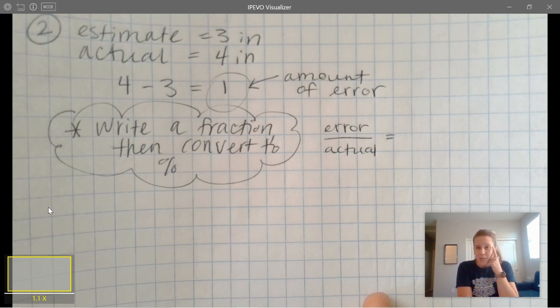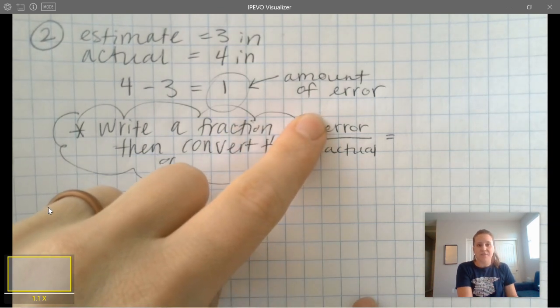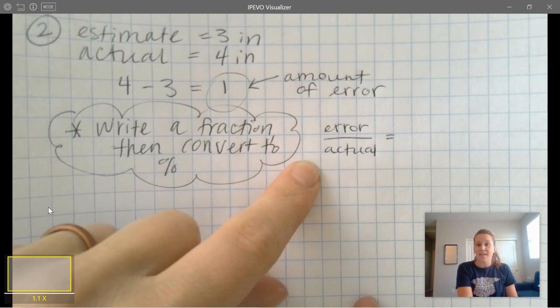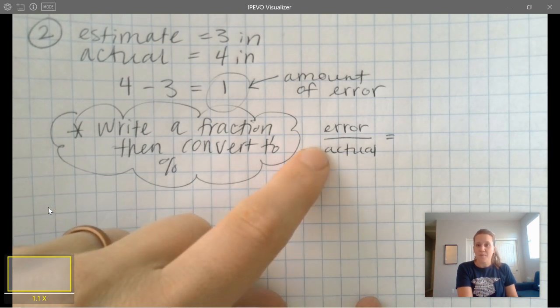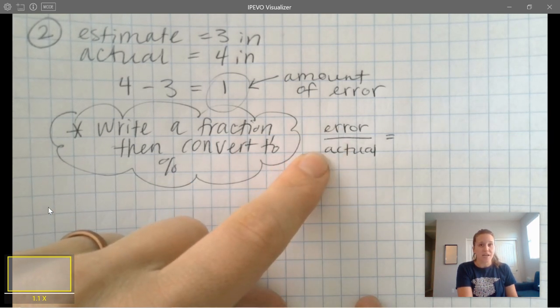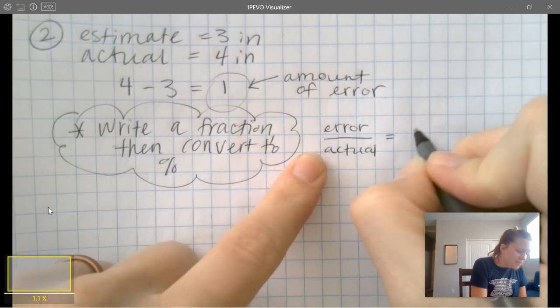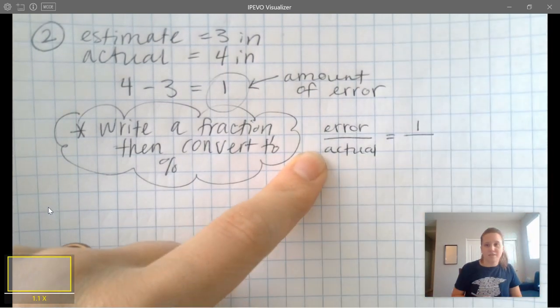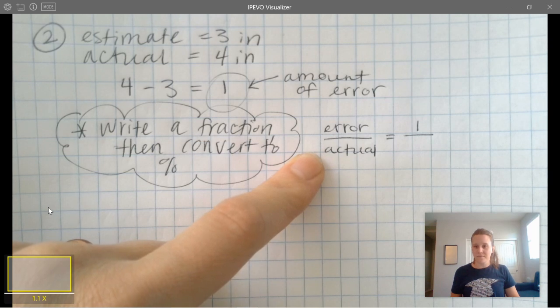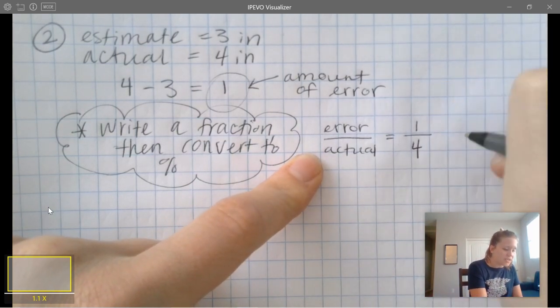Percent change is the percent that the error is of the actual. So I'm going to go ahead and divide the error by the actual. Okay, remember my fraction bar represents division. Yes, my error was 1 inch. What's my actual? Yes, 4 inches.